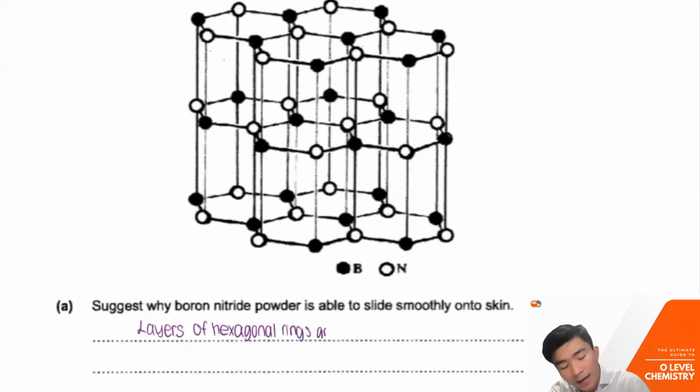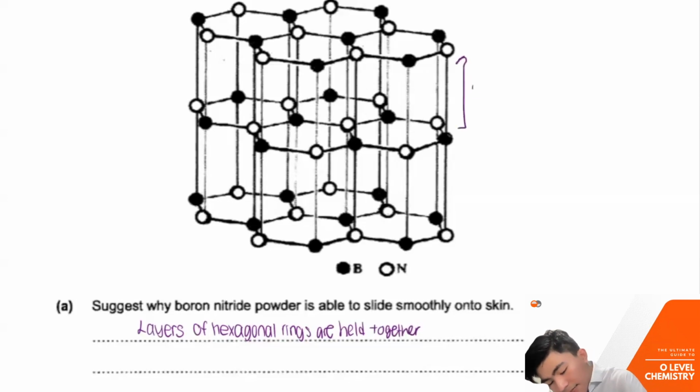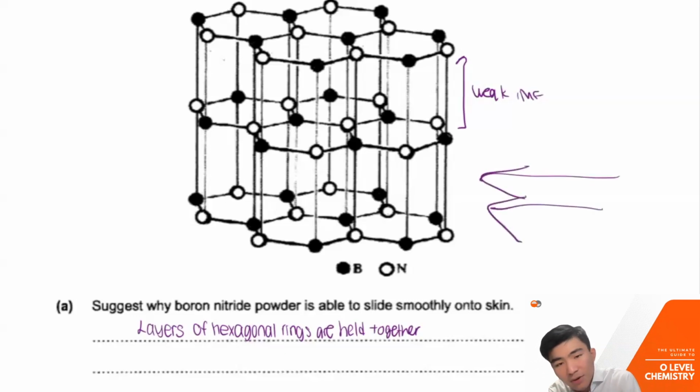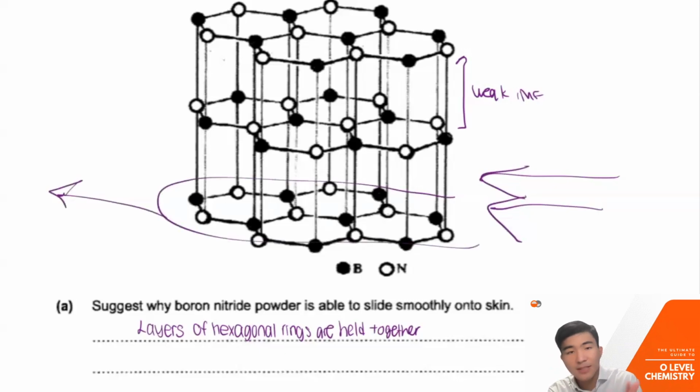held together. This one over here, this is a weak intermolecular force because when you push a force over here, then this whole part will move forward. Can you see that? Because these are all weak forces, then it will just slide over one another. The two layers will slide over one another. Held together by weak intermolecular forces of attraction.